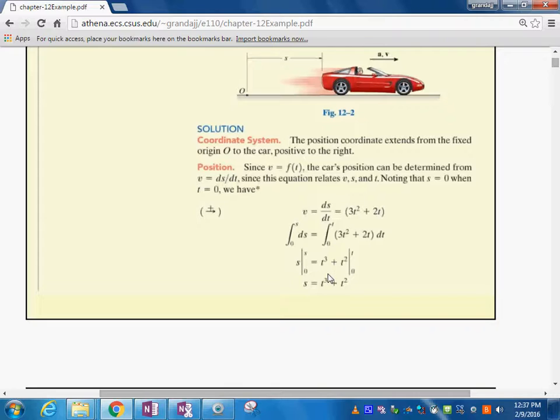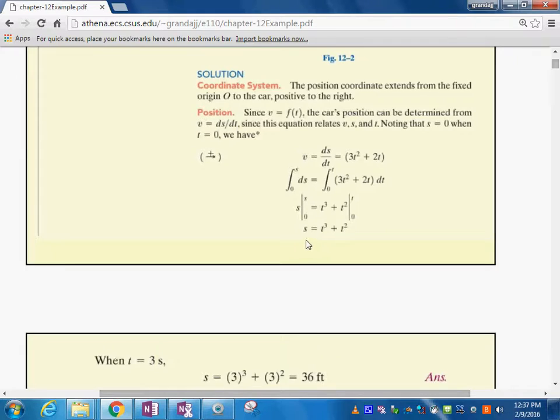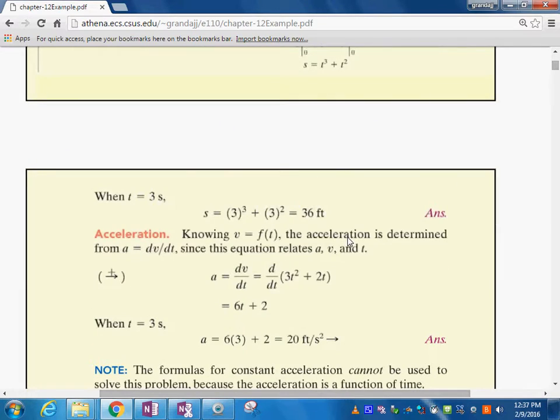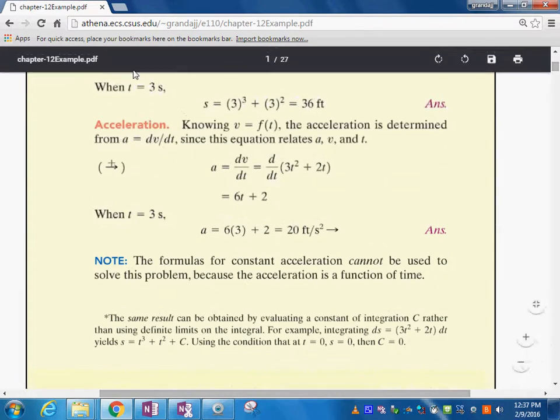And then you have that s is t cubed plus t squared. So when t equals 3 seconds, the position would be 36 feet.